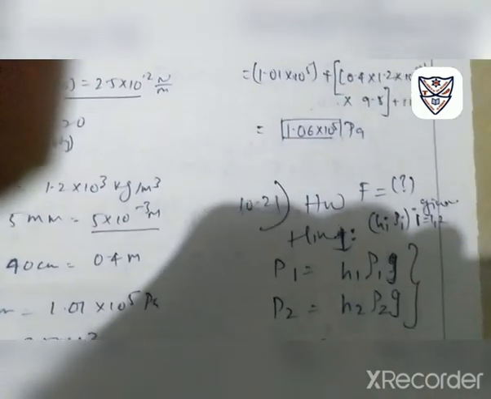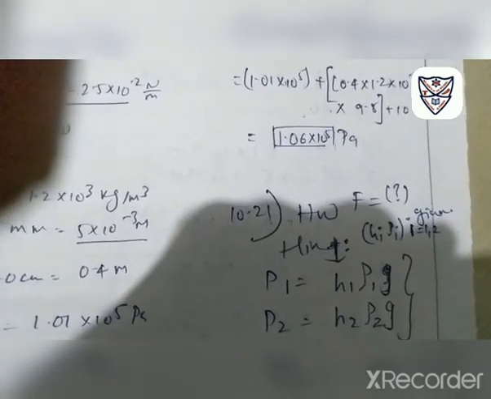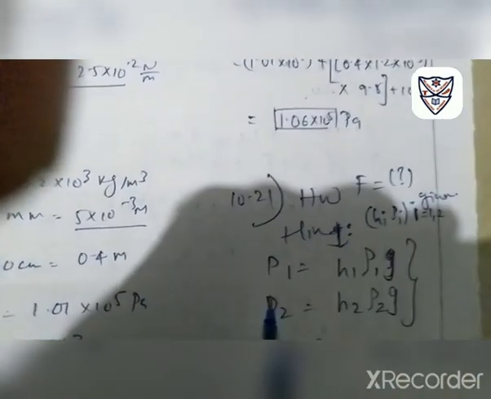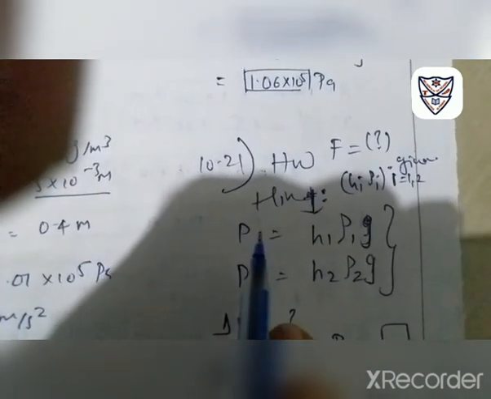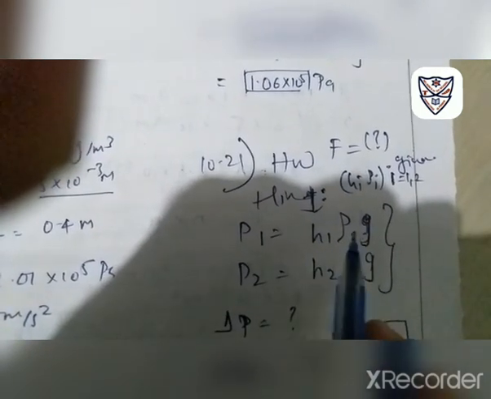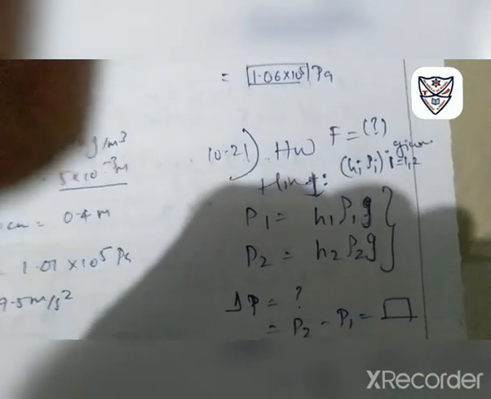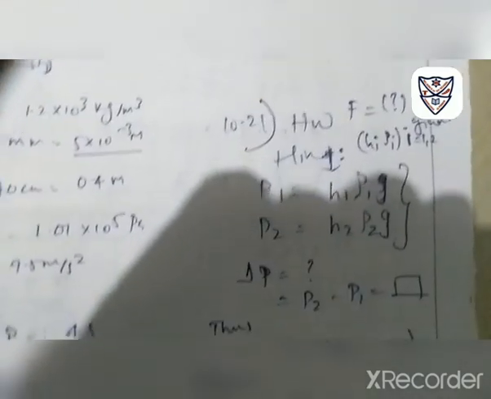The next one is also a similar kind of equation, where you have to find the force. So hint here, I'm giving you that you have to use your P1 and P2 equal to H1 rho G and H2 rho G. You can make that P1 and P2 constant, then solve the sum. It will be easier.